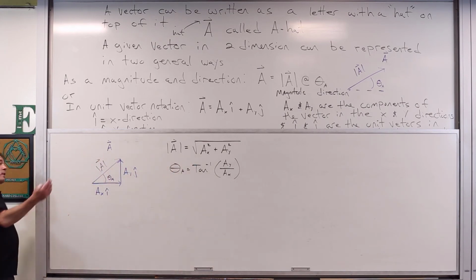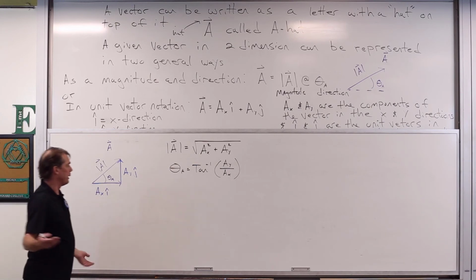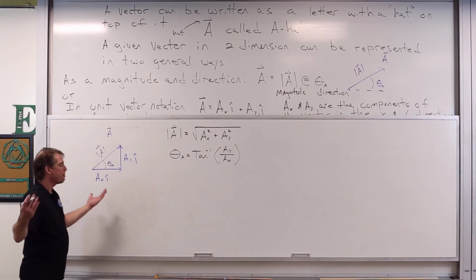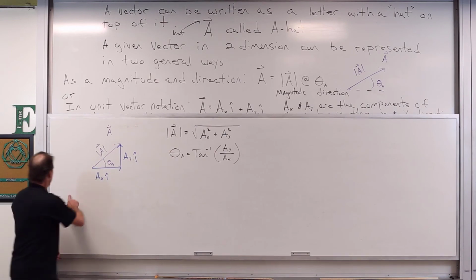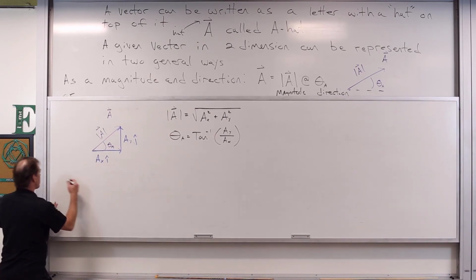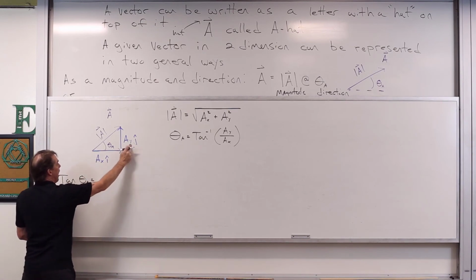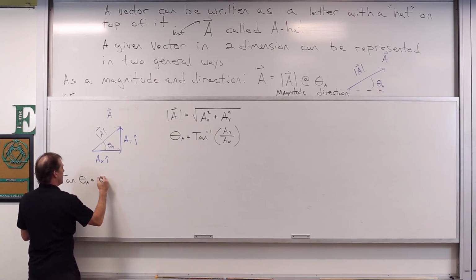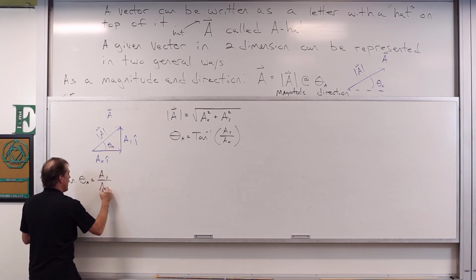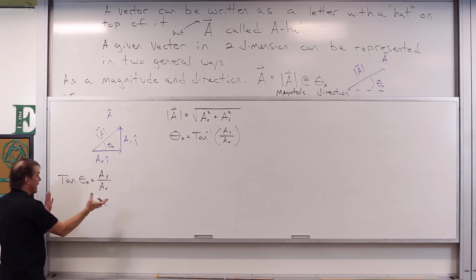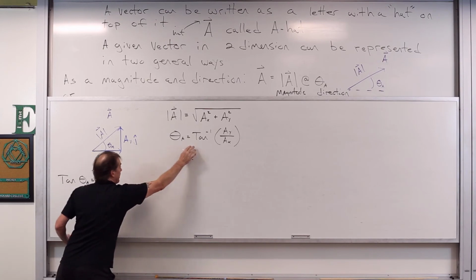Sometimes we'll have the magnitude and direction, and we need the components. So how are we going to get those? Well, we just look to sine and cosine. Before I get ahead, we've got the tangent of theta sub a, opposite over adjacent, a sub y over a sub x, and taking the arctangent of both sides, we get this.